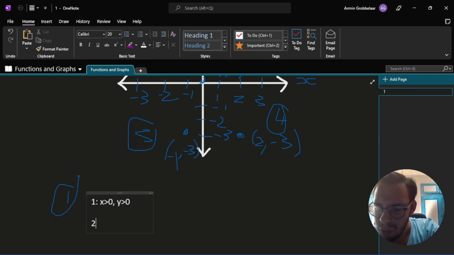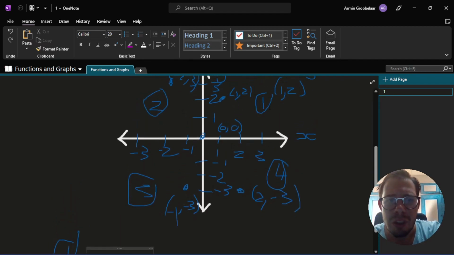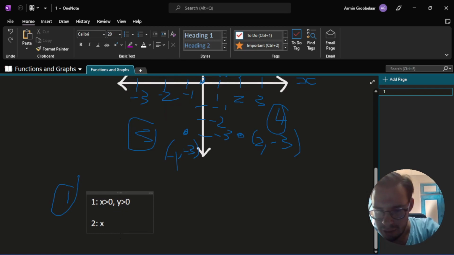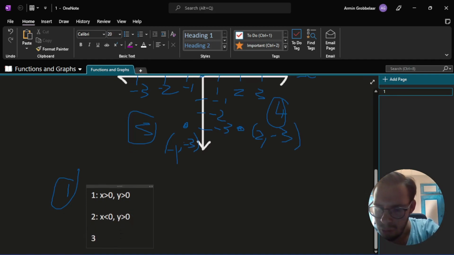In the second quadrant, which is the one here, we have x is less than 0 and y is greater than 0. Then in the third quadrant, which is the one down here, we have x less than 0 and y less than 0.